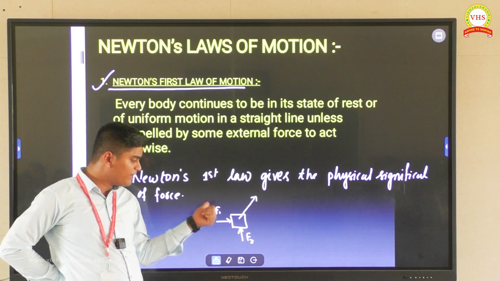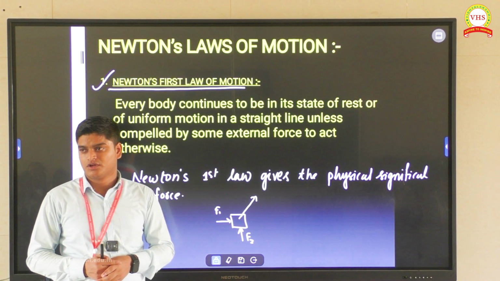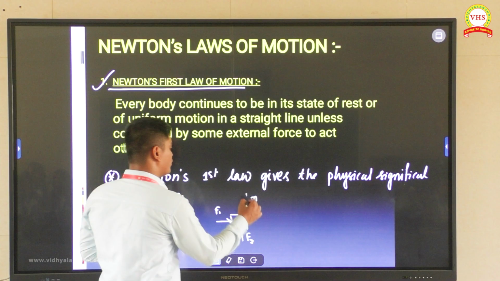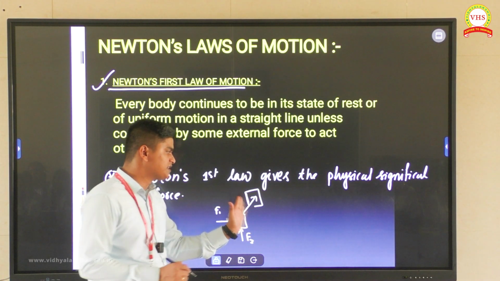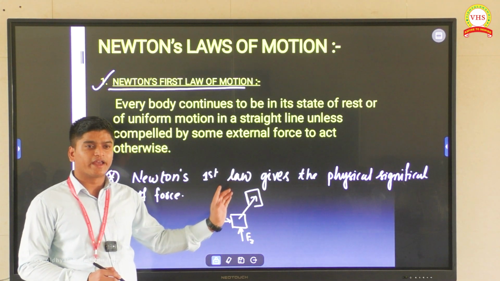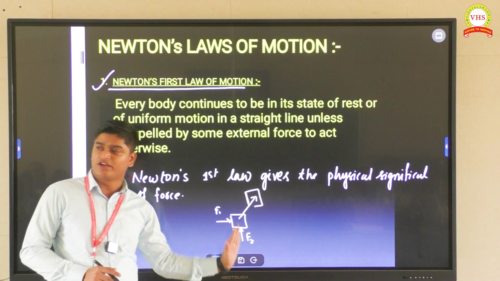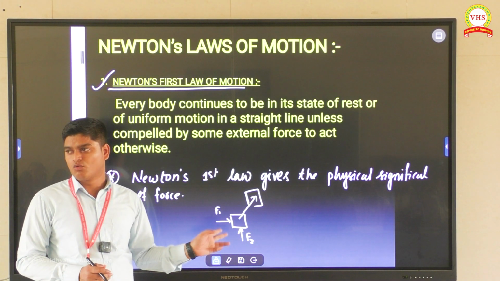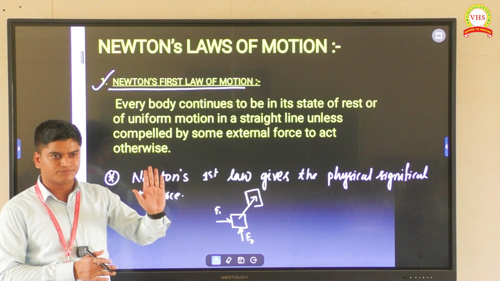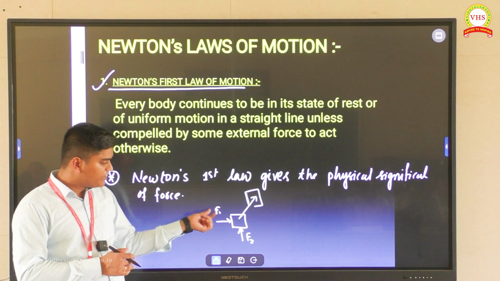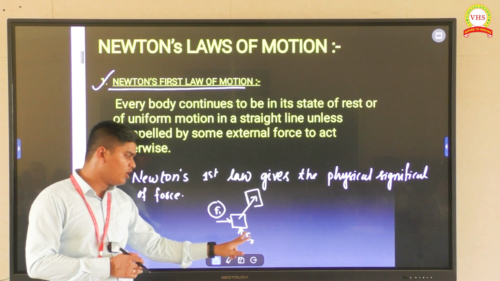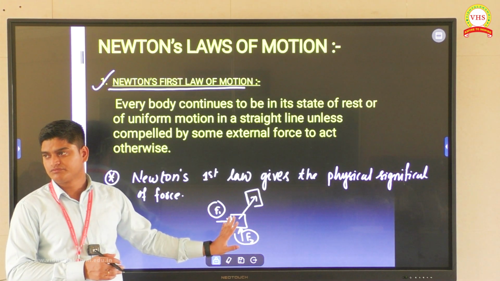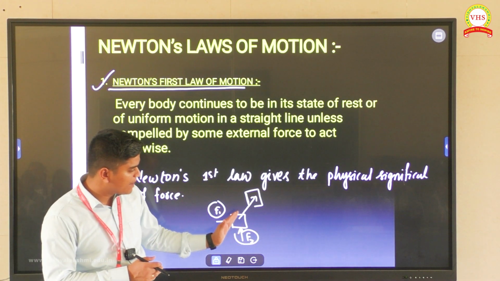That means these two forces are existing independently here. So whatever effect is happening to this body when it is moving, it is moving in the horizontal direction also, and it is moving in the vertical direction also. Why is it moving like that? Because two forces are there, one in the horizontal direction, one in the vertical direction. Yes or no? So there is independence of both the forces here. After that, the motion is happening in this direction.